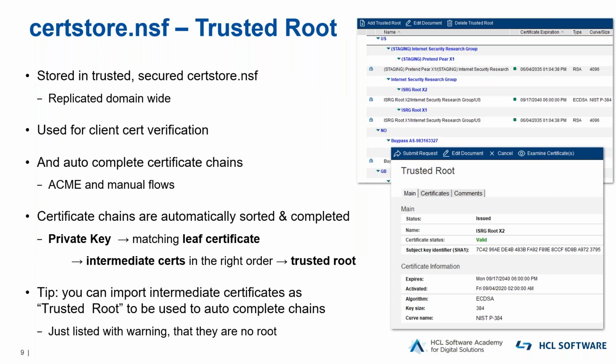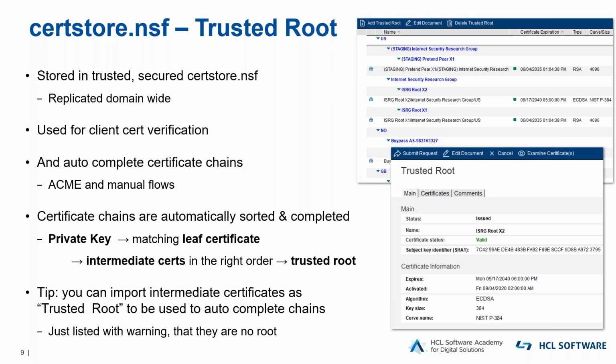So the trusted roots have a separate view and a separate form, and you just replicate them along with the database. They're used for the ACME protocol to complete the chain. So the trusted root from the ACME protocol is not part of what Let's Encrypt and others send you.